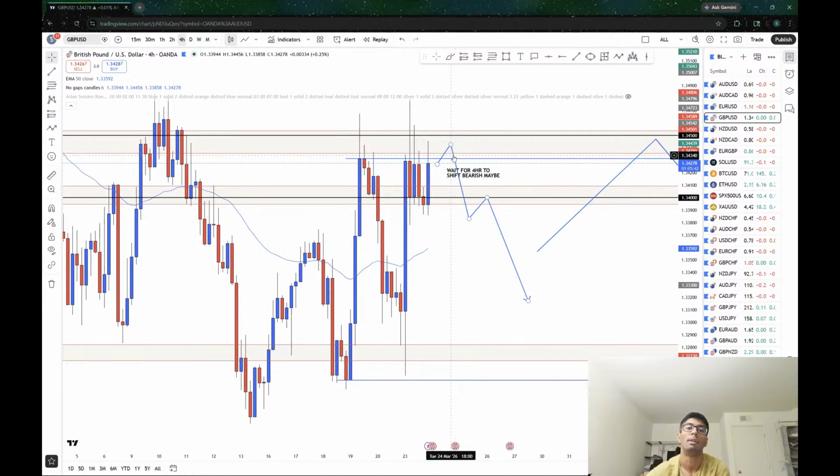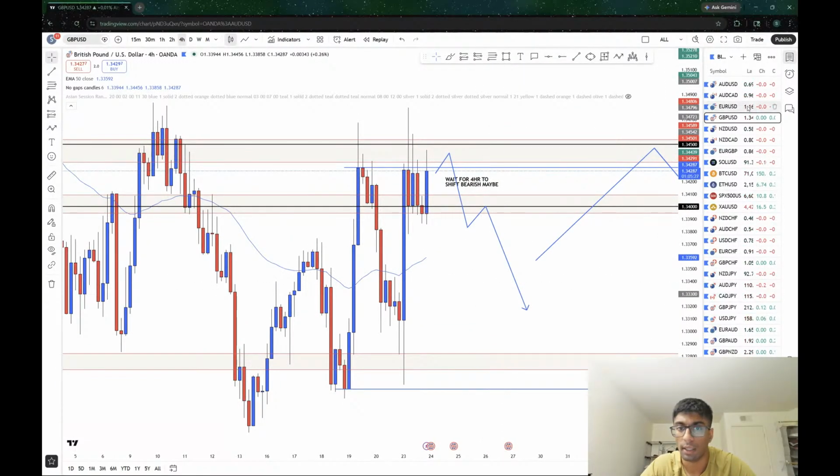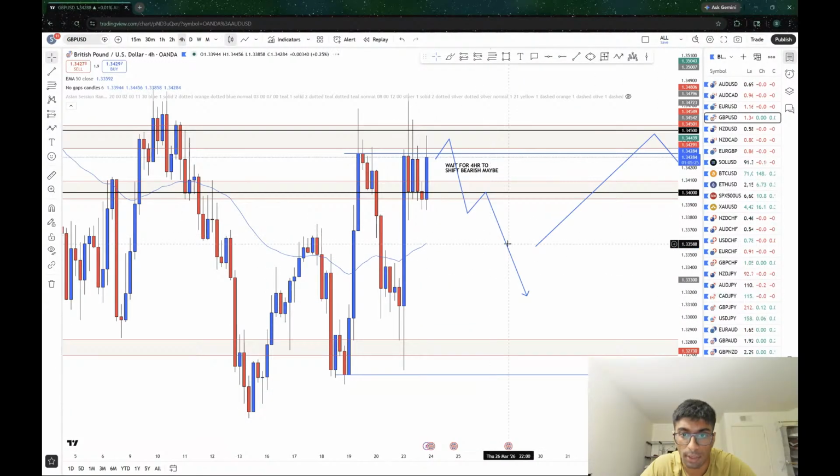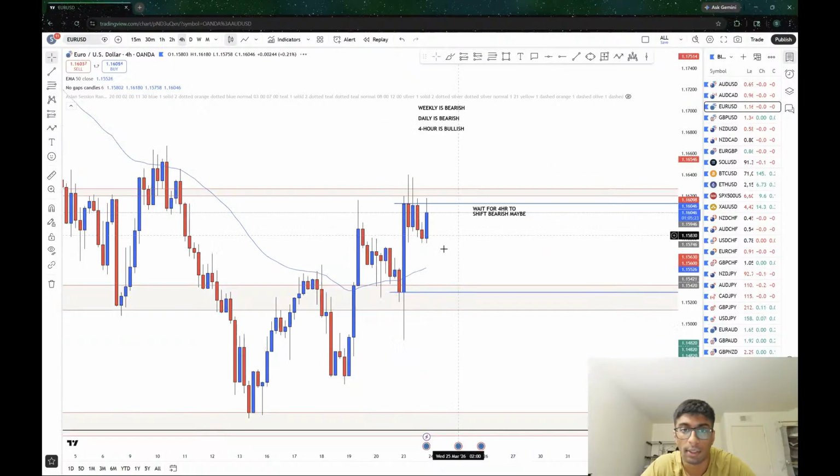But that is if and only if the 4 hour is going to close bullish, which is going to take more than an hour or something to close. We'll look into that. And yeah, it's pretty much the same thing over here. It's the same pair almost.